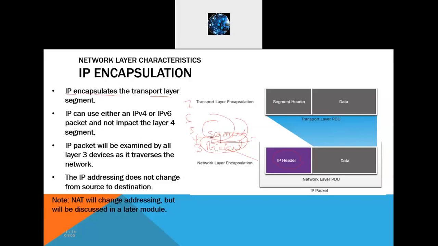And layer 3 is the one in charge of this. So my data is encapsulated, that's the right word, from segments to packets, and an IP header is added to the data. In the IP header, we have the source IP address and destination IP address added to my message.